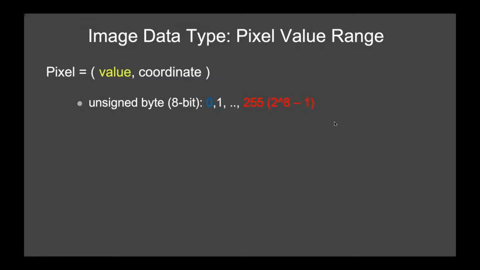Now, if you work with such data, you have to kind of appreciate that there is this data type. For example, if there's a pixel that has a value of 35, and now during some processing step, you try to subtract a value of 50, this will basically not work, and it will just give you 0. And the big problem here is that I think all softwares just do that without giving you a warning.